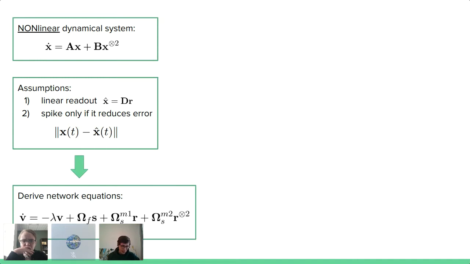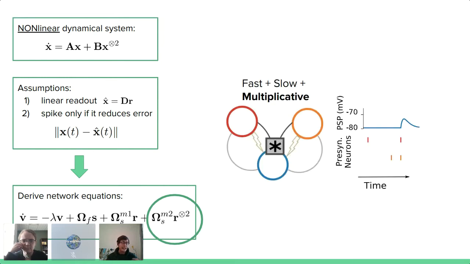Now, this is very cool because you can derive every single connection from scratch and you don't need any training. But more importantly, our derivation predicts the existence of an additional set of synapses that we call multiplicative synapses, in the sense that they effectively implement the multiplication among each pair of inputs.